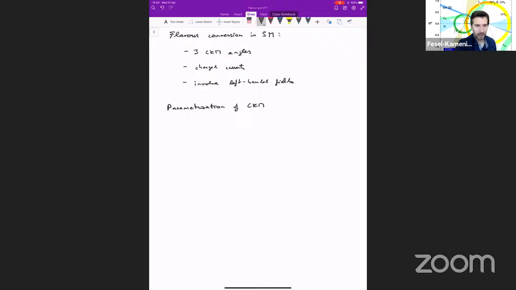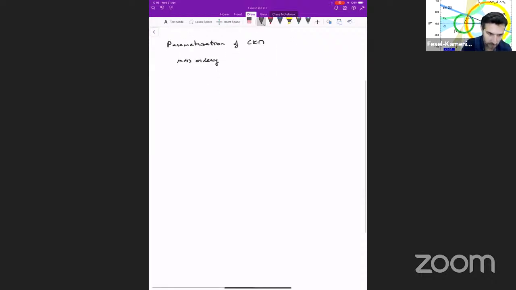Now, by convention, the CKM is usually written out in the so-called mass ordering convention, where the rows and the columns of the CKM are ordered by the increasing masses of the corresponding flavored quarks.